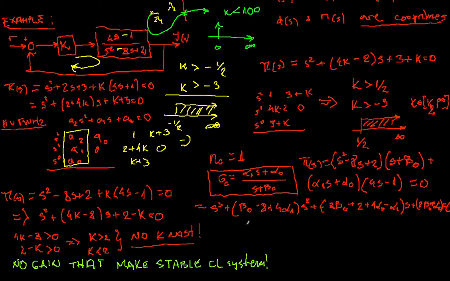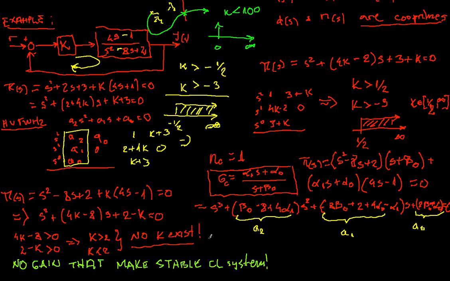Okay, now as we know that all of these terms have to be positive, we can choose a stable characteristic polynomial. In other words, I will choose some A2, some A1, and some A0.